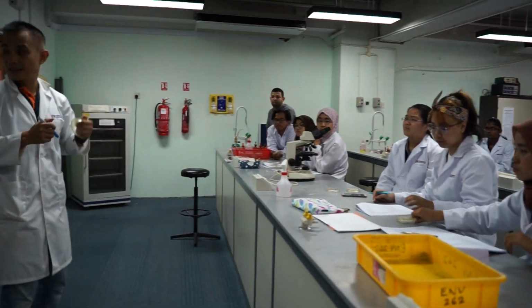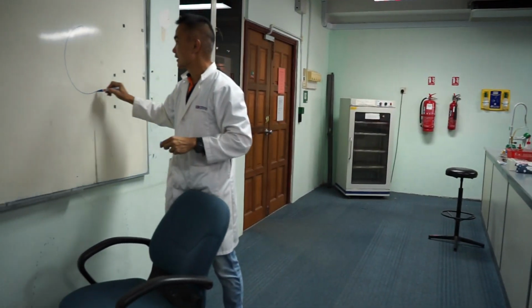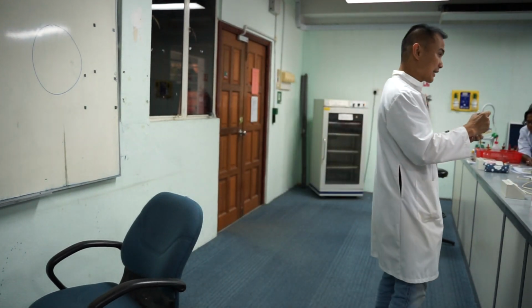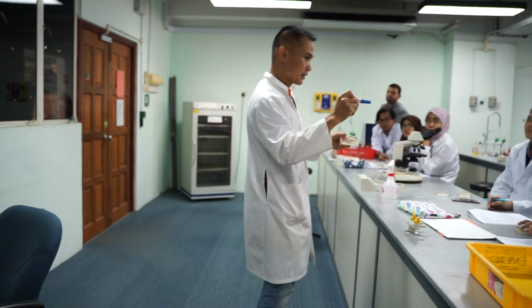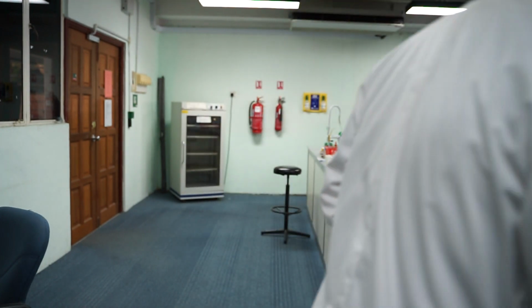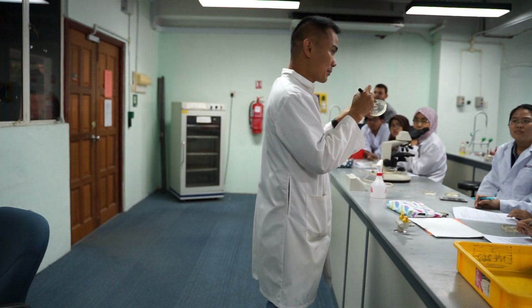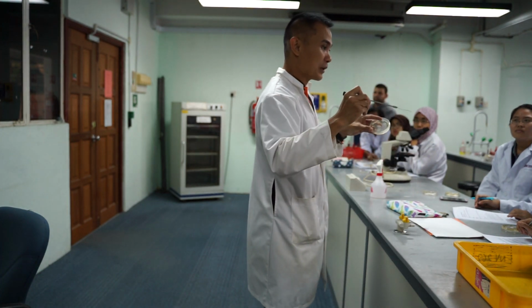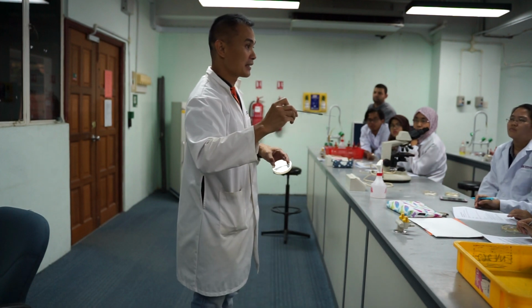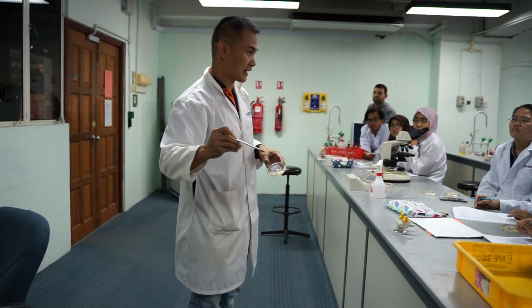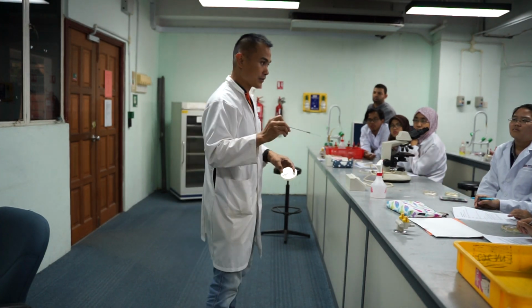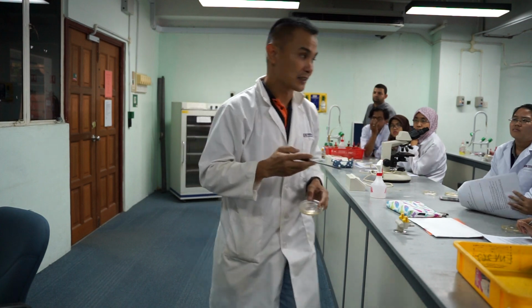So if you have this and then you make a new plate, you're going to do a technique called streaking. What streaking does is you take it from one single sample and then you streak like this. And basically what it does is serial dilution, because when you streak towards that way, it's going to be diluted until at the end nothing. Then you're going to streak again like this, you dilute it again, and like that, you dilute it again until the end, you're going to get single species.